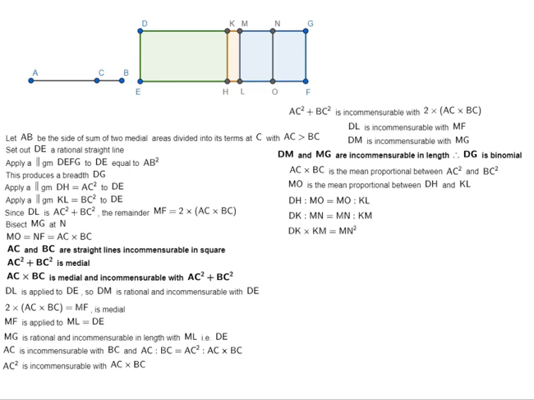So we can write this as DK by KM is equal to MN square. DH is incommensurable with KL. Why? Because DH is AC square, KL is BC square, and AC and BC are incommensurable. So DK is also incommensurable with KM.